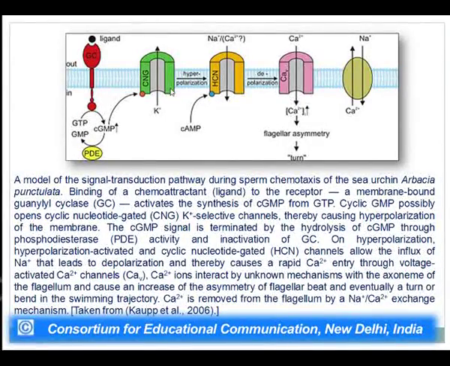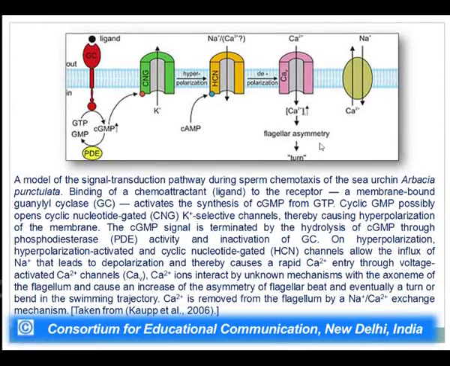Now, since the membrane is hyperpolarized, the hyperpolarization-activated and cyclic nucleotide-gated channels allow the influx of sodium ions that leads to depolarization and thereby causes a rapid calcium entry through the voltage-activated calcium channels. So this depolarization causes the calcium channels to open, and there is a rush of calcium ions entering.